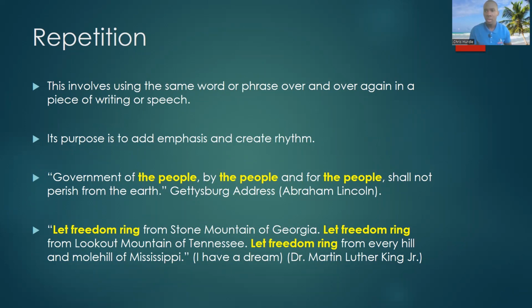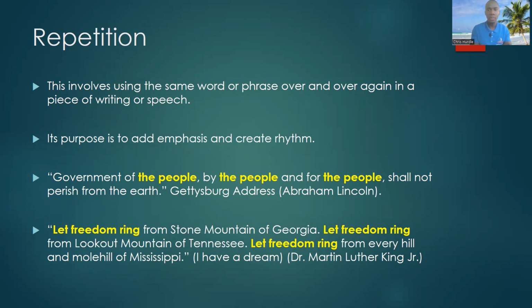Even if I did not know anything about this address and I saw that line being highlighted, the fact that he has the people repeated lets me know that this speech is talking about the importance of the people when it comes to governance, because as you see, it starts with government.